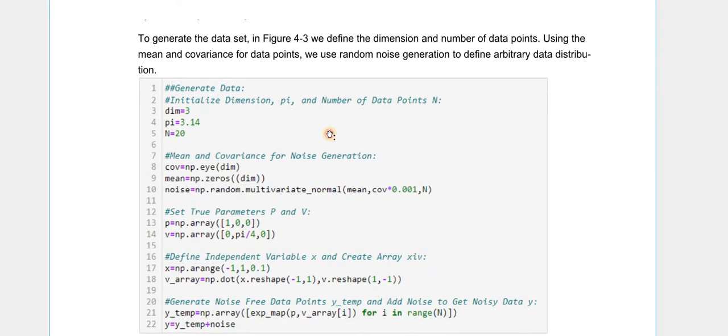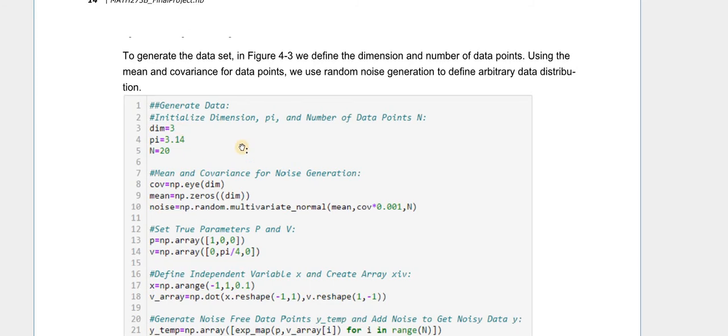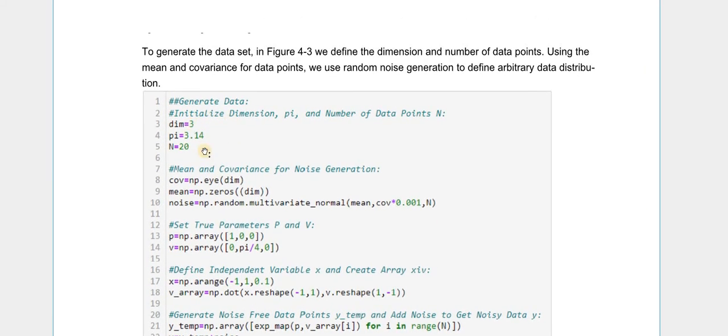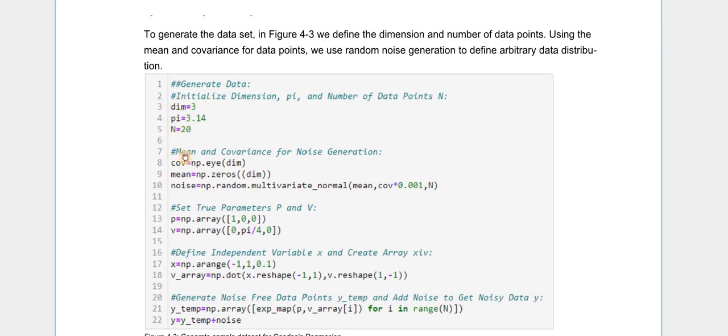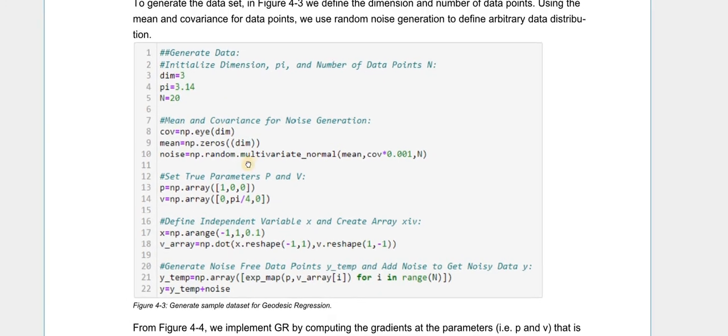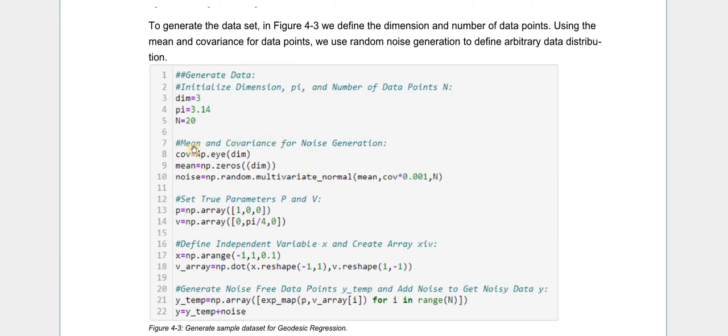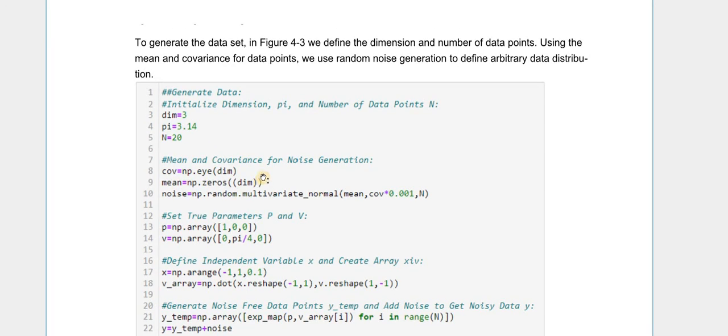And then the third step here is you could generate your own data set. You could read from any sort of data out there; you could just use pandas for that. With that, we initialize the number of data points. It's 20 data points here, a fairly small data set. And then we use some statistics to generate the distribution of the points.